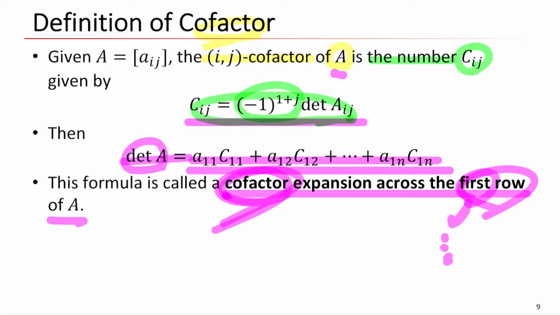This formula is called the cofactor expansion across the first row of A. By using the concept of the cofactor, we can generalize the computation of the determinant.